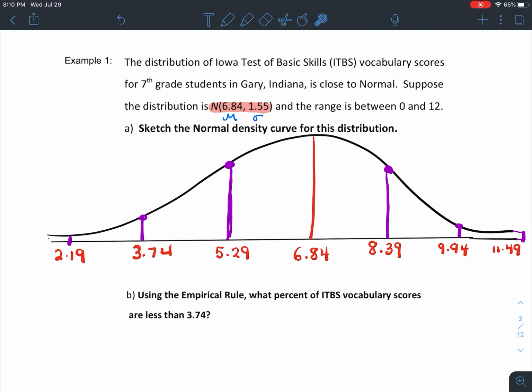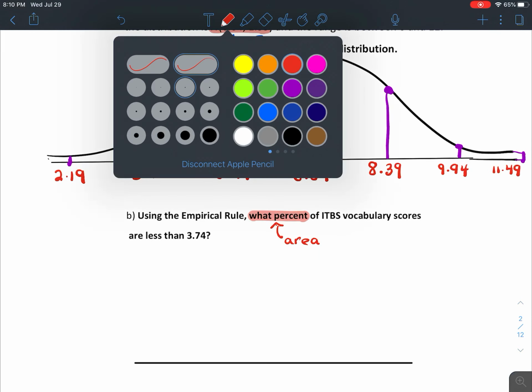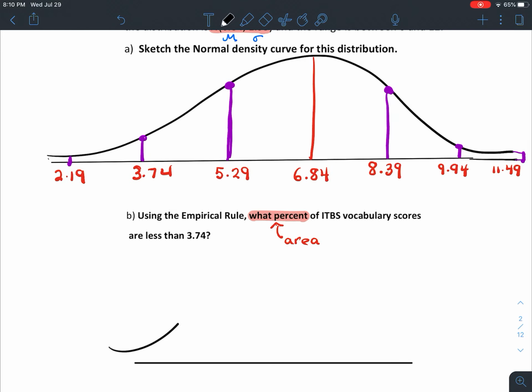It says here, using the empirical rule, what percent of these vocabulary scores are less than 3.74? So this is talking about area when they say this. I'm not going to draw the whole thing, but I am going to draw another rough sketch here.